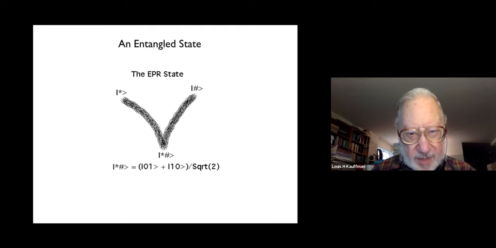The bottom line represents a state which is 0 tensor 1 plus 1 tensor 0 over root 2, and you can observe it. Let's say Alice observes it in the left half and Bob observes it in the right. If Alice observes it, she could either see a 0 or a 1. But if she sees a 0, then that's coupled with a 1. And if she sees a 1, then that's coupled with a 0.